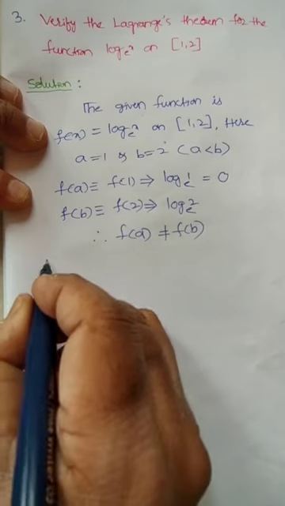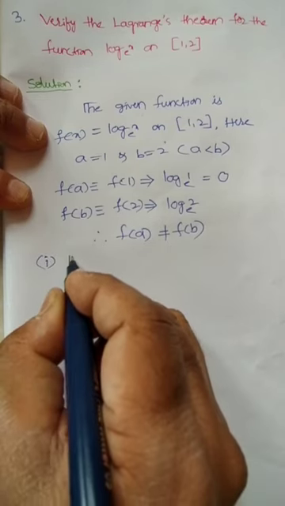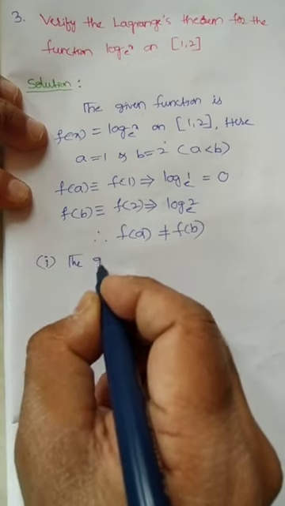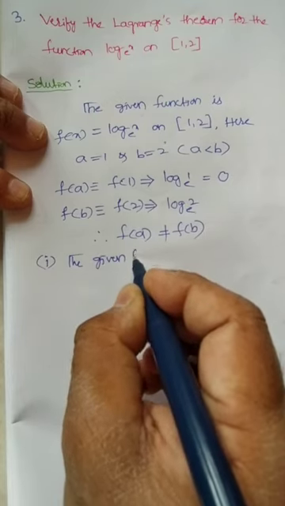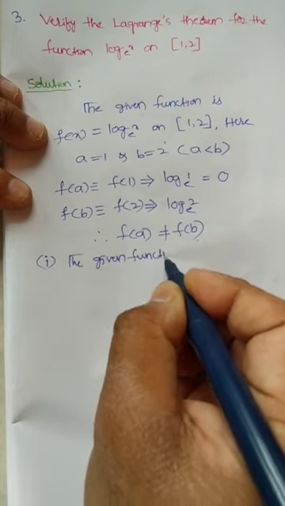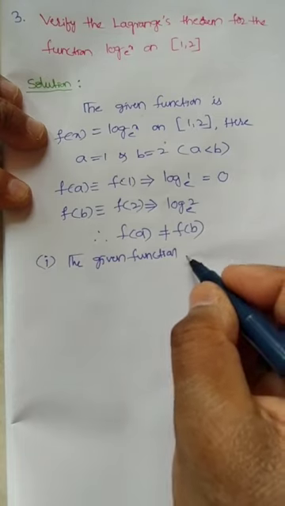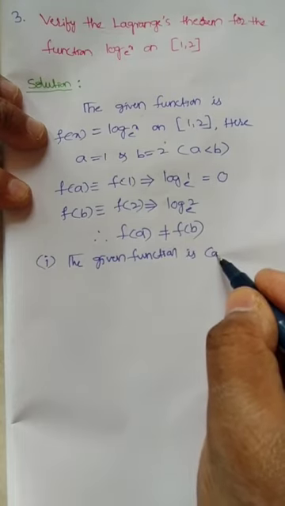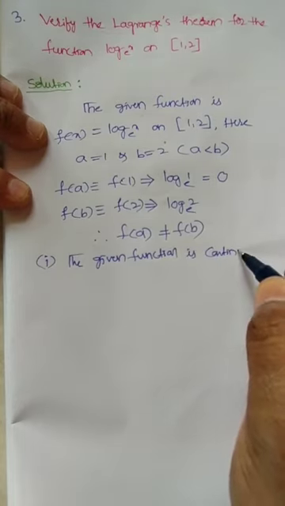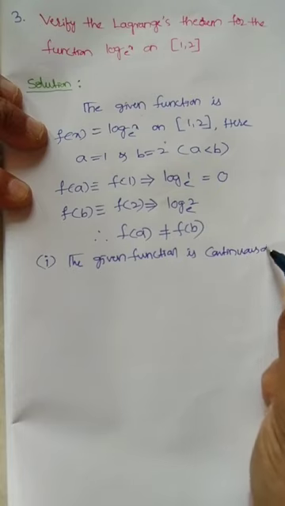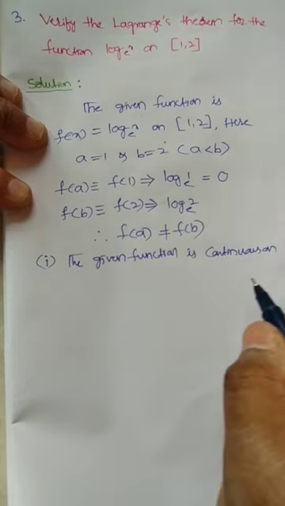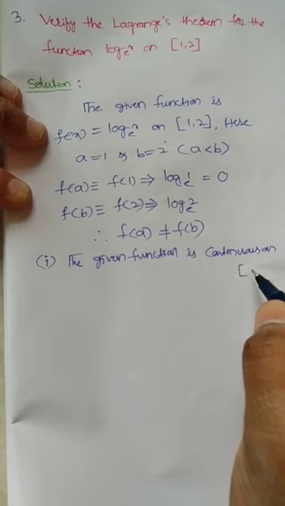The first condition: the given function is continuous on closed interval 1 comma 2.